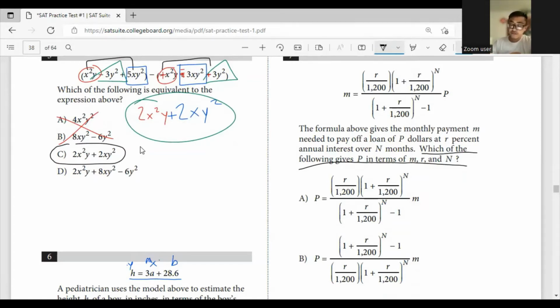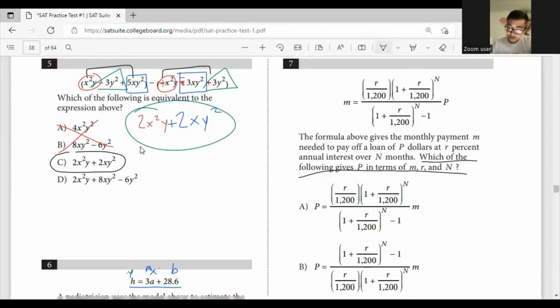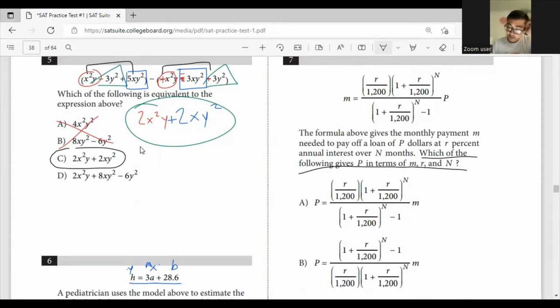Let me write this out. Actually, that's a lot to write out, so I'm just going to write on here. What you want to do is get P by itself, and you're multiplying by this fraction right here.